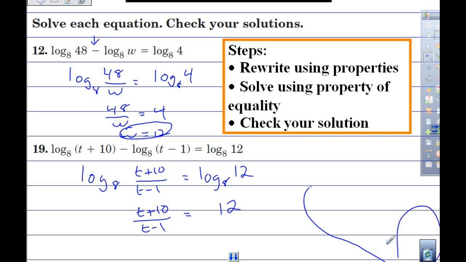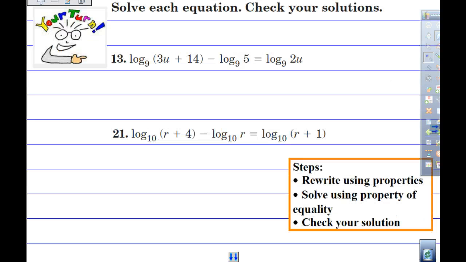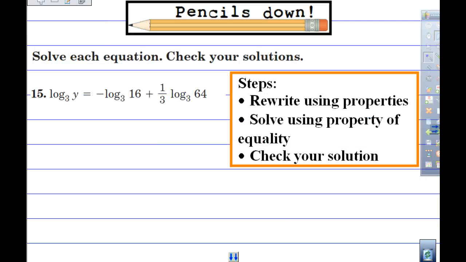Let's see here. Let's see here. When we get to something that's, we've already done that. We can do that. No sense.